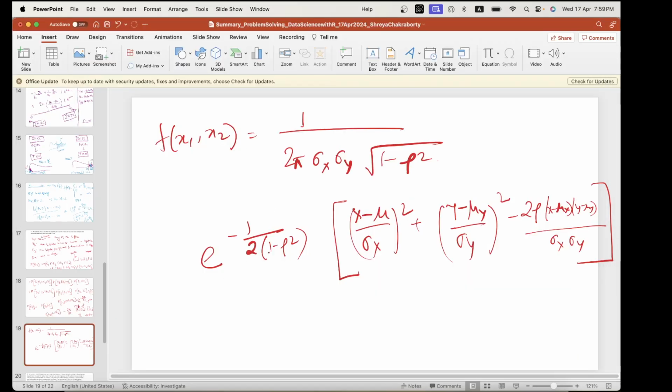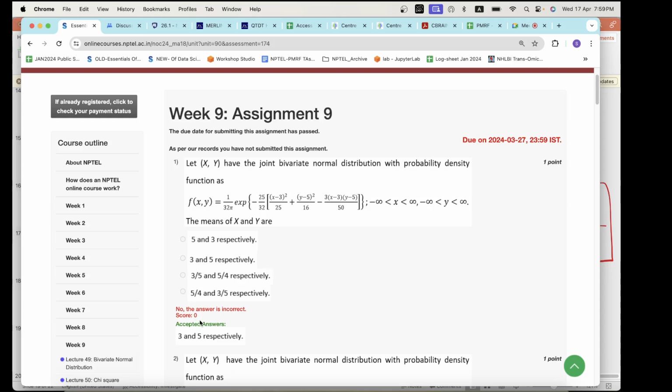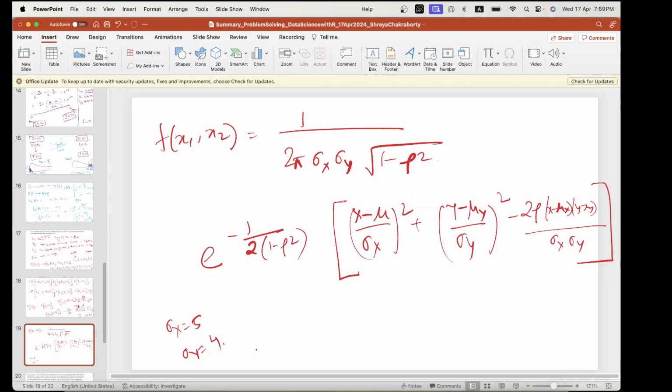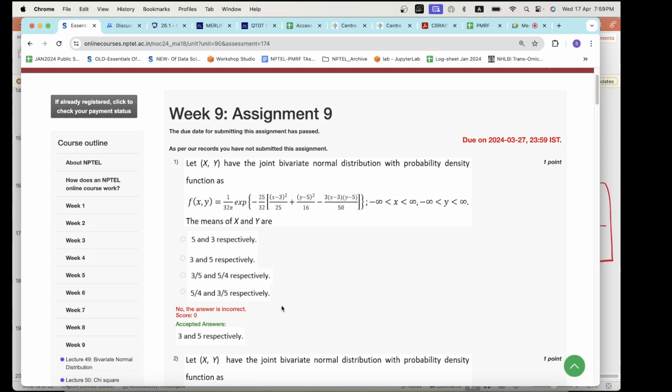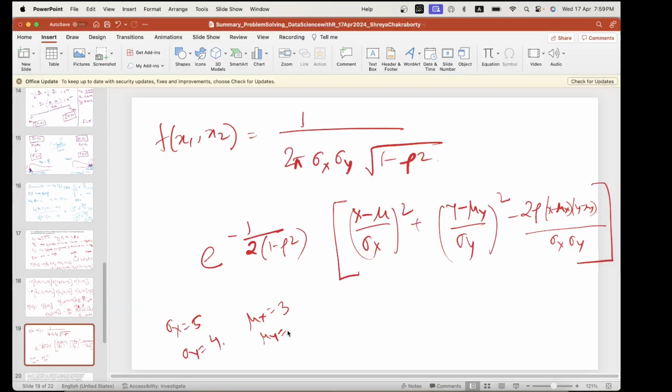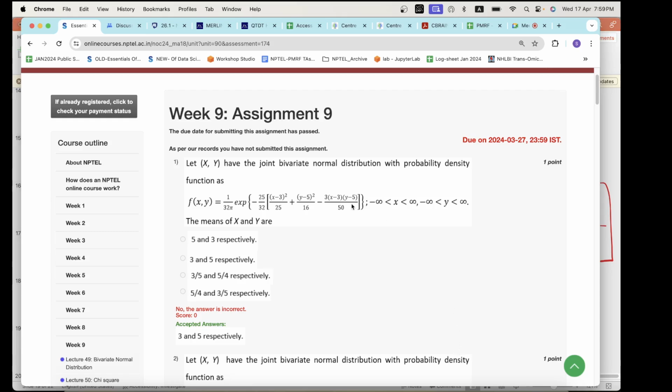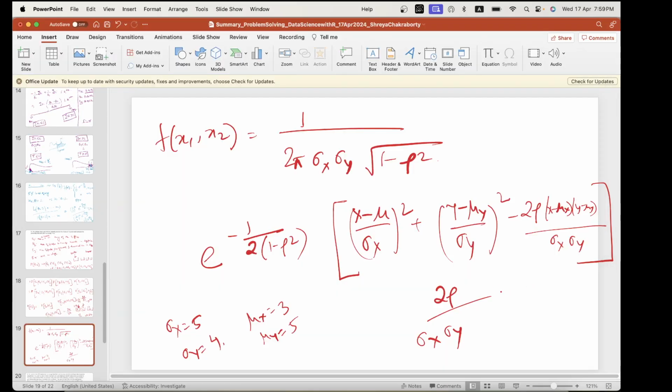So with sigma x equal to 5, sigma y 4, mu x 3 and mu y 5, 2 rho by sigma x sigma y should be equal to 3 by 50.